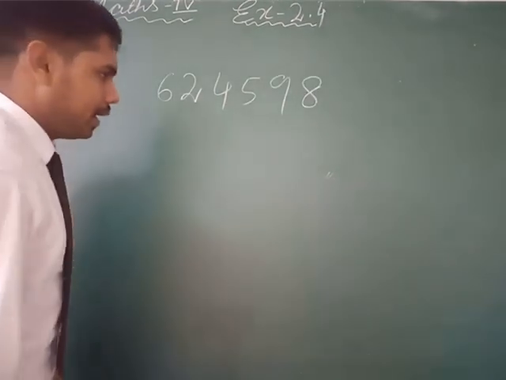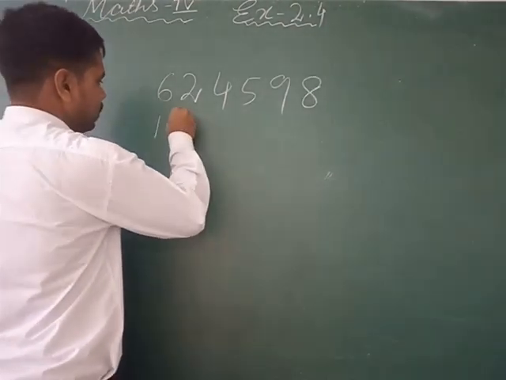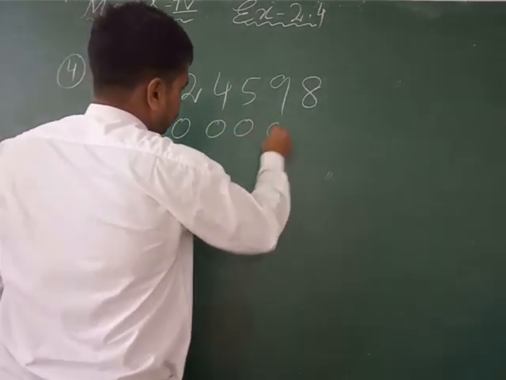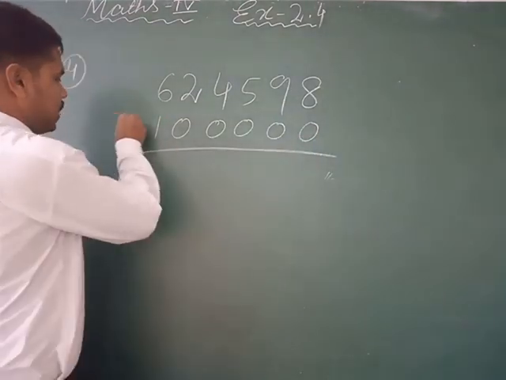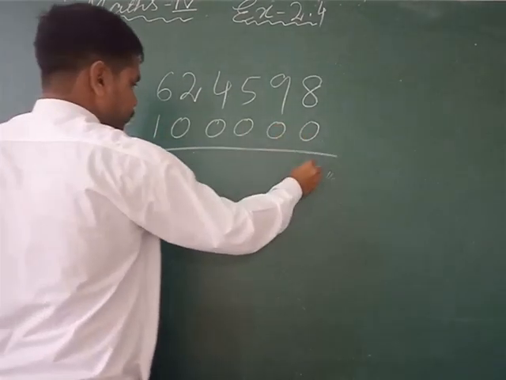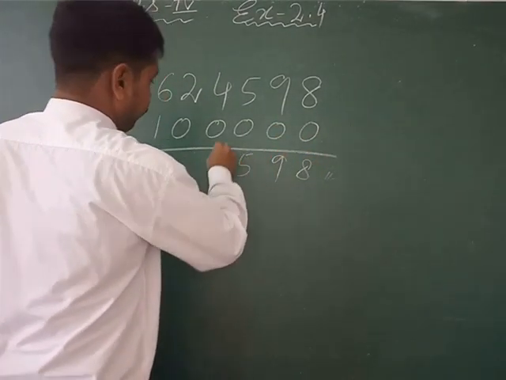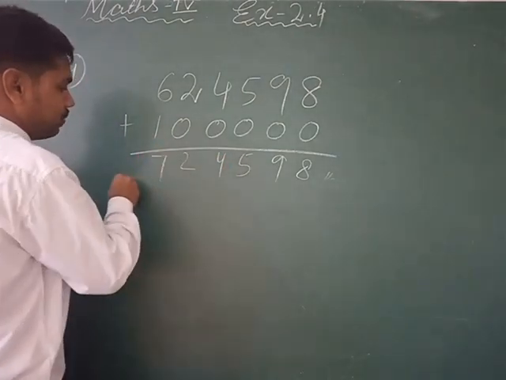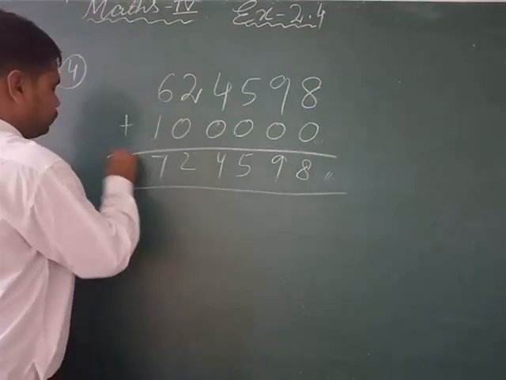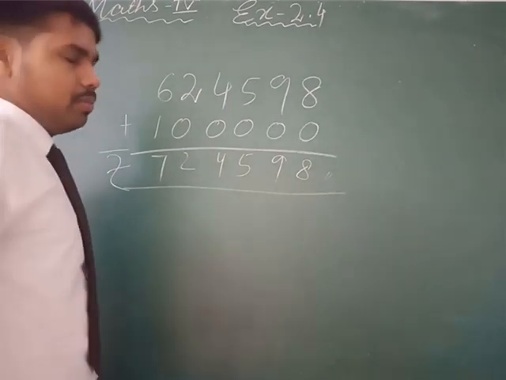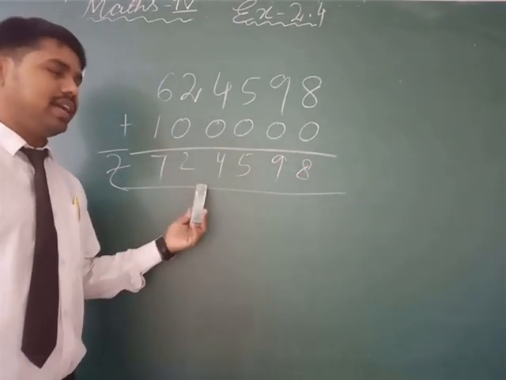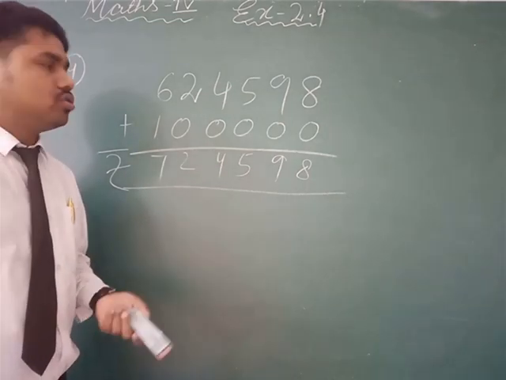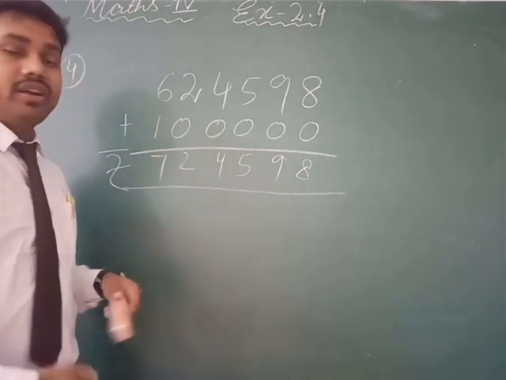Okay, now he is selling with this much extra amount. So let's check after adding. It will be 8, 9, 5, 4, 2, 7. This much will be the amount at which he has sold the particular product. So this is how you can solve question number 4.